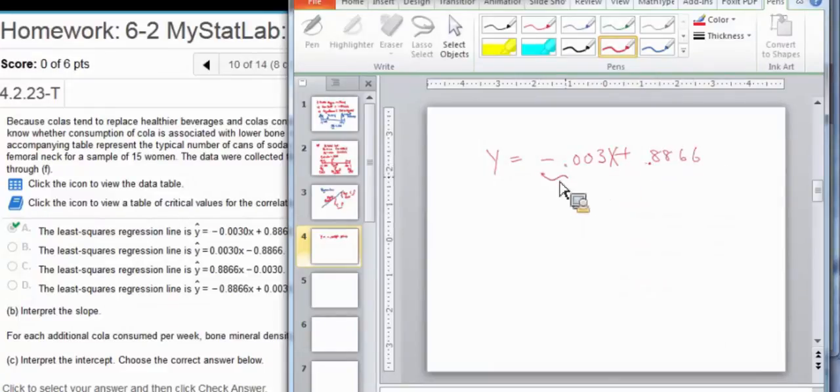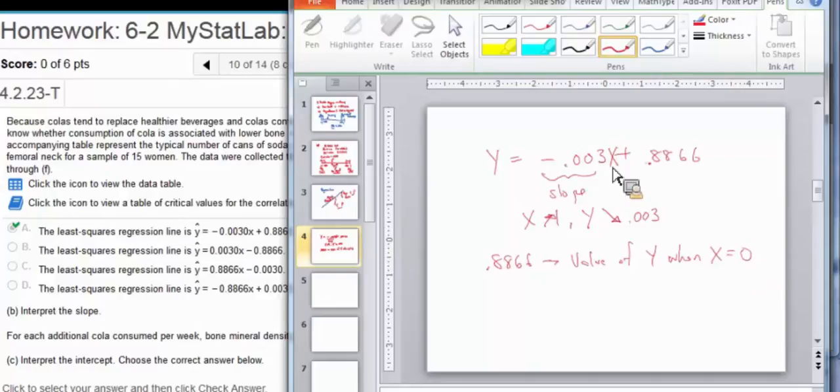So the slope is, x goes up by 1, it's an arrow going upwards, y will go down by 0.003. The intercept, that's the value of y when x equals 0. You can see in this equation, when x equals 0, that term is 0.